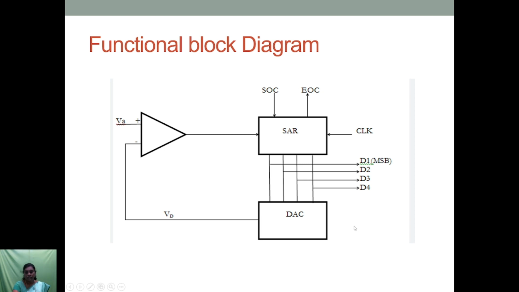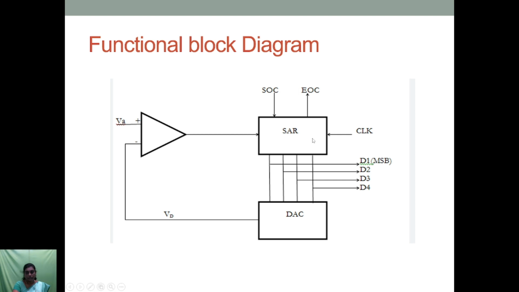This picture represents the functional block diagram of a 4-bit converter. In this output we have 4 digital codes, starting from D1, D2, D3 and D4. D1 is the MSB, most significant bit, and D4 is the least significant bit.